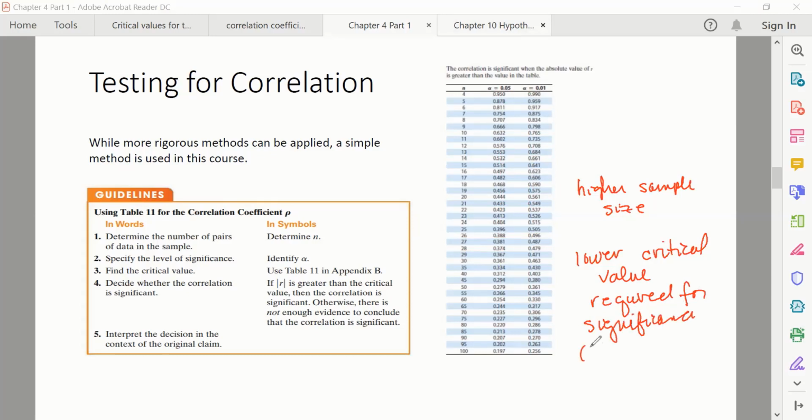So that means you can have a lower R if you have a higher N. Because these numbers are lower that you're trying to get to be bigger than, where these you have to be pretty big to be bigger than them.